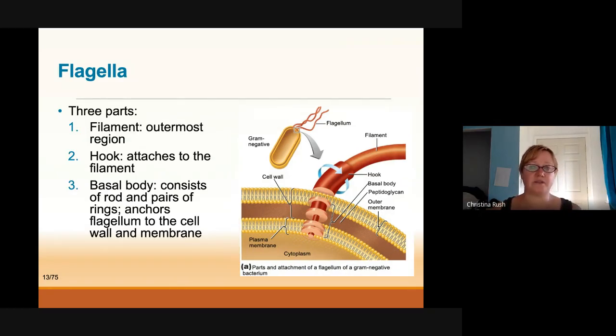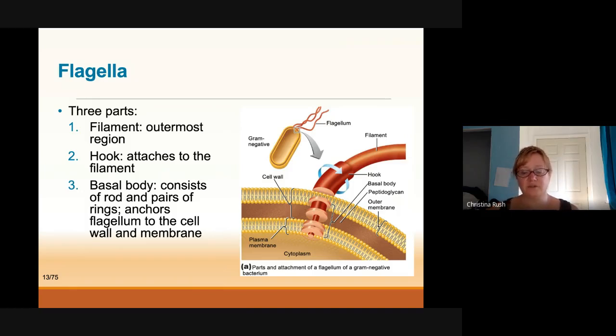There are 3 parts to the flagellum. There's an outermost region known as the filament, which is the long part. The hook attaches to the filament, and the hook is external to the cell wall. It attaches the filament to the basal body, which is the 3rd part, consisting of a rod and pairs of rings.